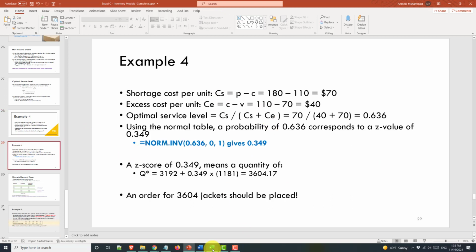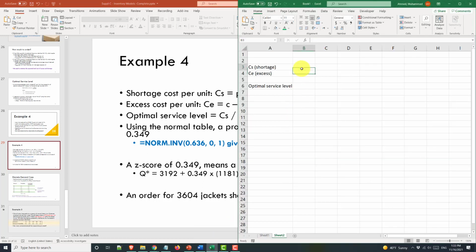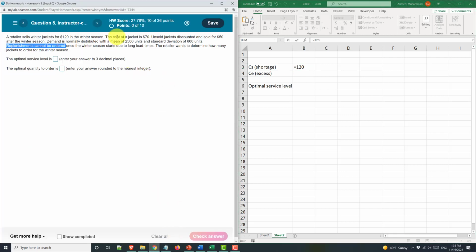Okay, so what is the cost of a shortage? The cost of a shortage is when you have too few jackets and you're losing sales. So each time you lose a sale because you didn't have inventory, you could have earned $120 in revenue, right? Because you sell them for $120.